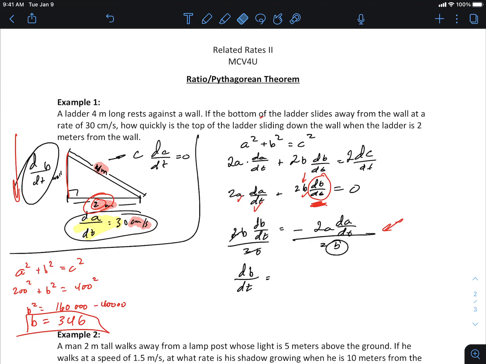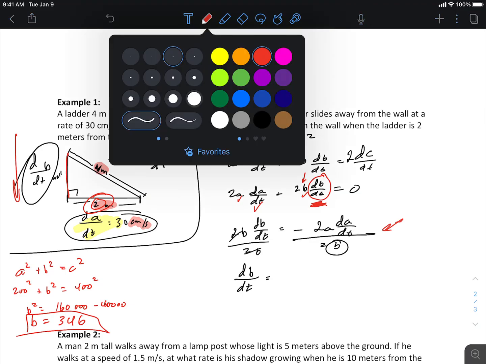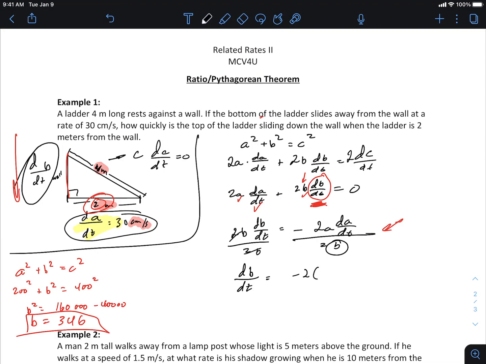Okay, so here's where we're at. We now know pretty much everything here. We know A is 200 centimeters. So we're going to say negative 2 times A, which is 200 in centimeters, times dA by dt, which is 30. Then we need to divide that by 2 times whatever B was, which we found to be 346.